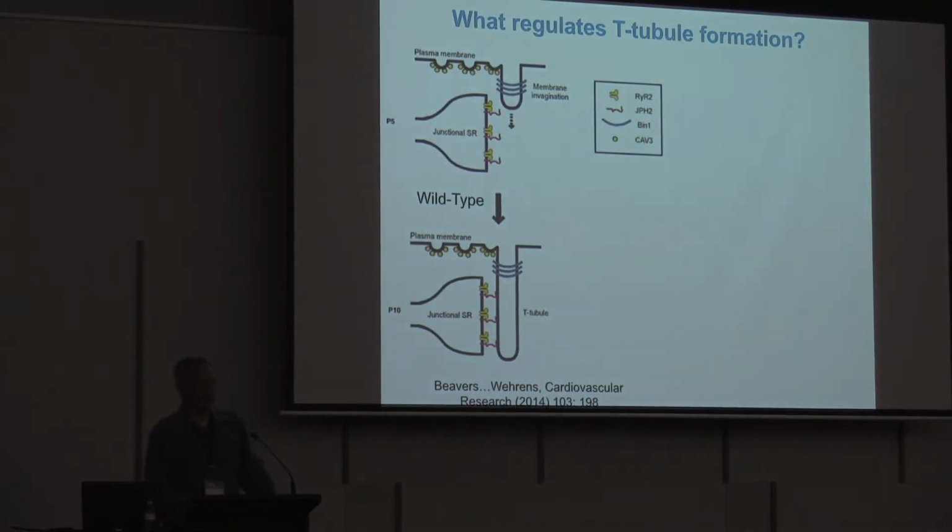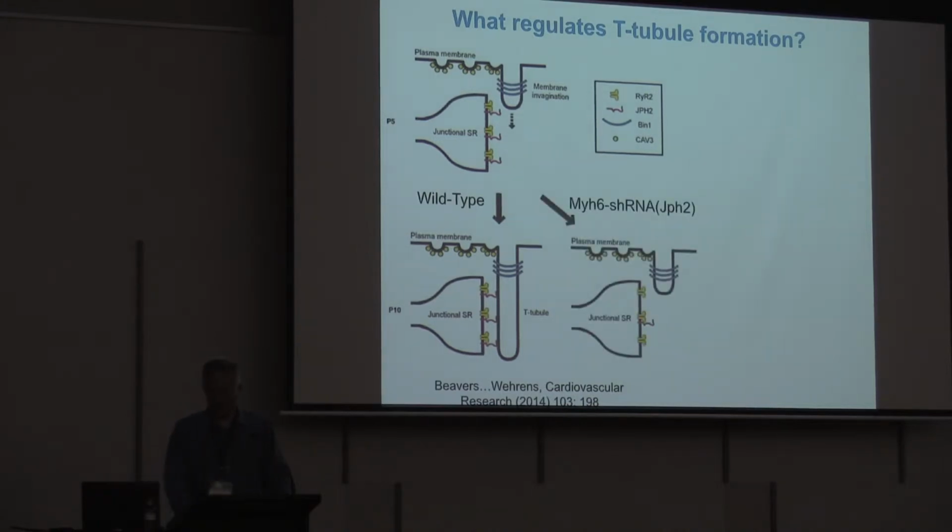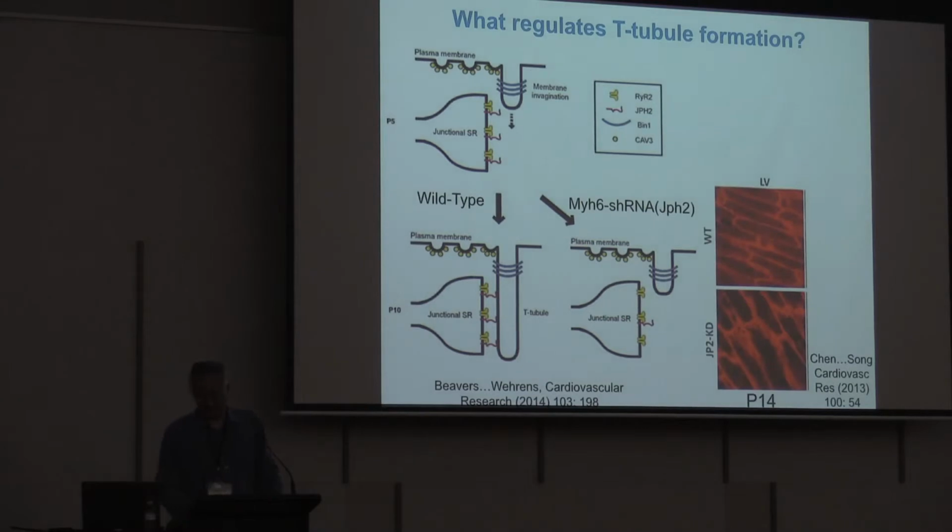There's actually very little known about how the cell makes T-tubules. One of the key players was thought to be the gene junctophilin-2, JPH2, and that was largely based on work in which a transgenic mouse expressed a shRNA that knocked down junctophilin-2. This caused loss of T-tubules, so it was inferred from this experiment that junctophilin-2 is essential to make T-tubules.